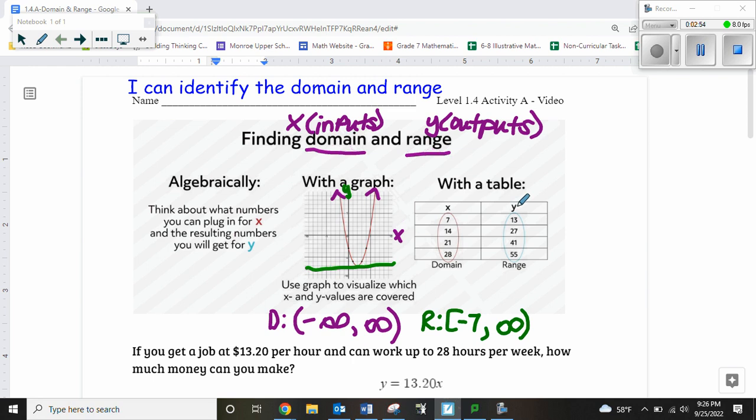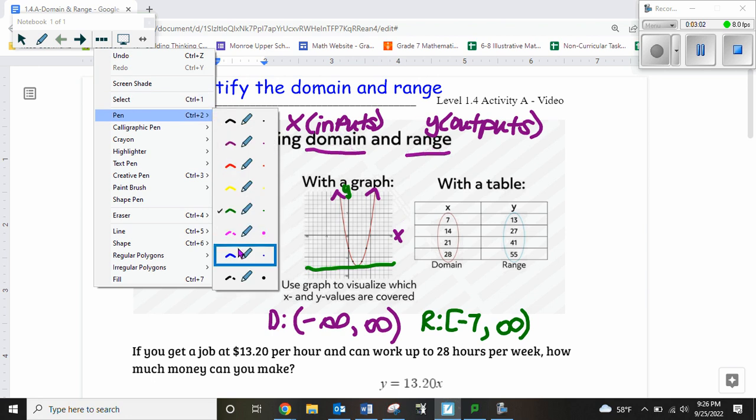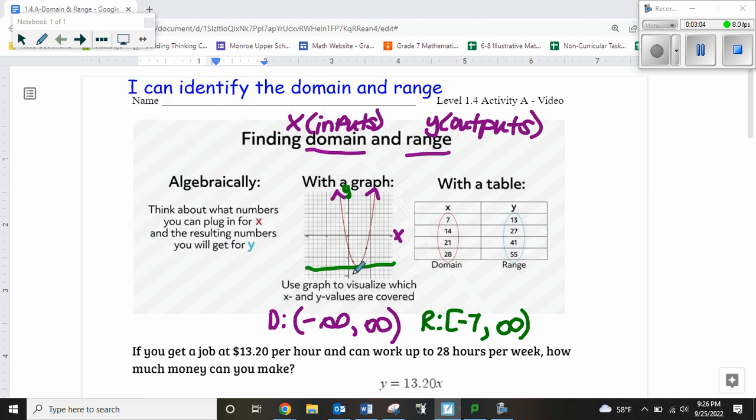And then when you have a table, that's a different situation. The graph is continuous because it's all connected, it's in a line. But when you're looking at a table, the values are all separate. So if you were listing the domain, this one would be listed in a list. They use this fancy bracket here, and you would just list the numbers 7, 14, 21, 28.